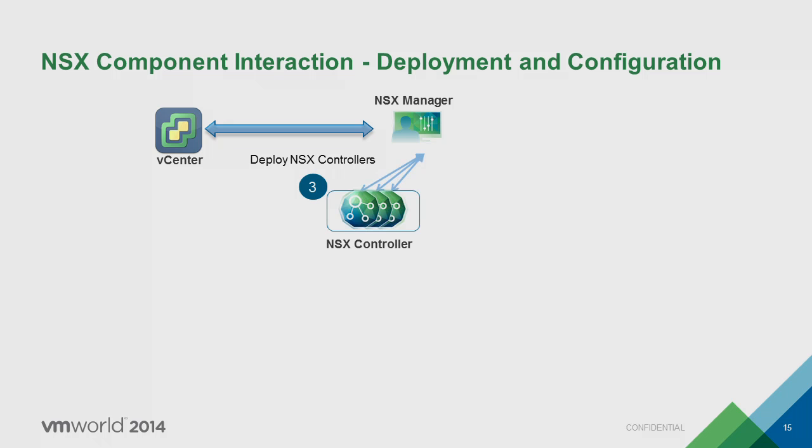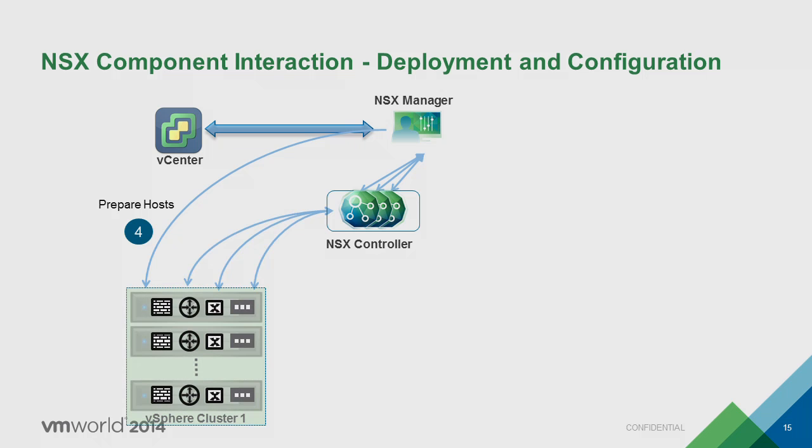After we register it with vCenter, we have a fully functional NSX UI in vCenter. From that UI, you can create the NSX controller appliances. You instantiate the controller appliances, and based on the policy that you have associated with that cluster, such as vSphere HA or DRS, these controller VMs will be distributed in the system.